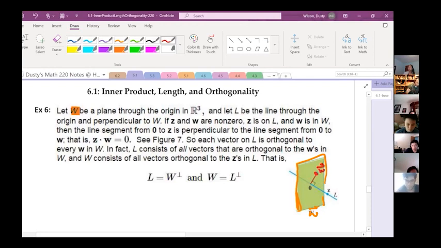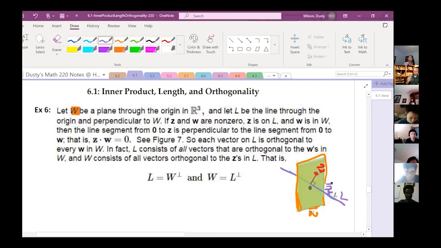And then we have a line, and our line we're going to call L, and there are vectors on the line that we'll call Z. What we want you to notice is that every possible red W on the plane is perpendicular to every possible purple Z on the line. So you end up with this Z dot W equals 0.